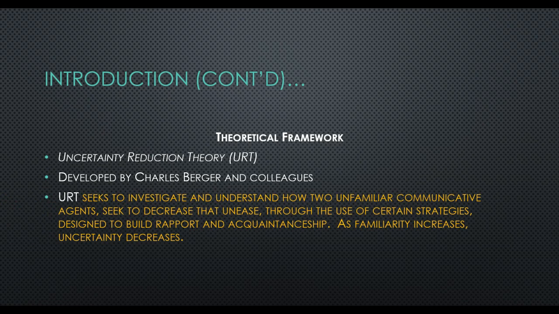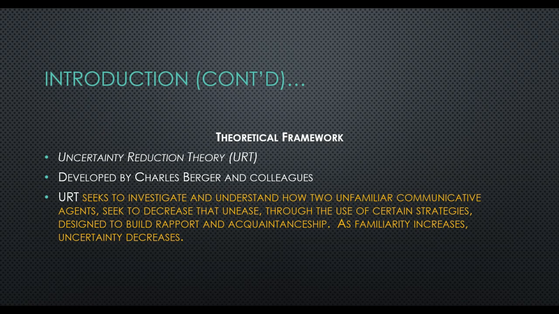And in summary, a definition of uncertainty reduction theory, hereafter identified as URT, seeks to investigate and understand how two unfamiliar communicative agents seek to decrease that unease through the use of certain strategies designed to build rapport and acquaintanceship. And as familiarity increases, uncertainty decreases.